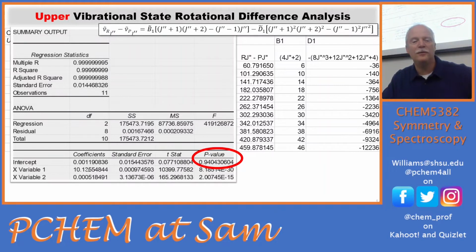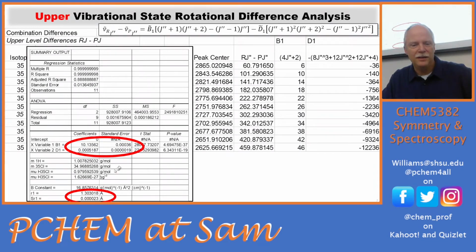And I don't know if you remember from the lecture on Monday, but our B values were in the range of 10, and our D centrifugal distortion is a small number, 0.0005. And so we model it without an intercept, and that intercept line has NA for all of its statistics. It's set to 0, and our precision improved greatly.